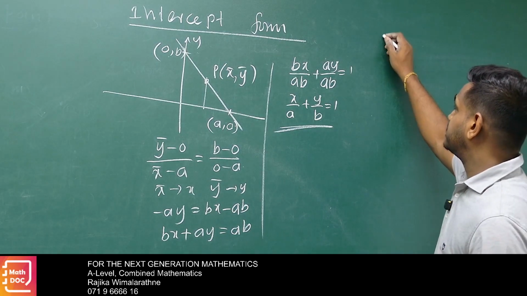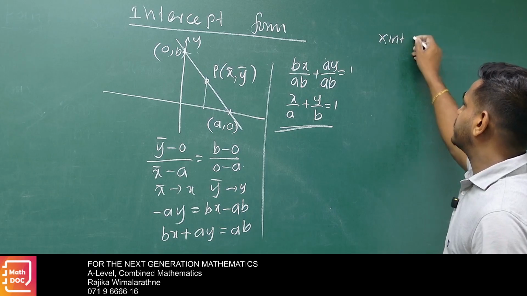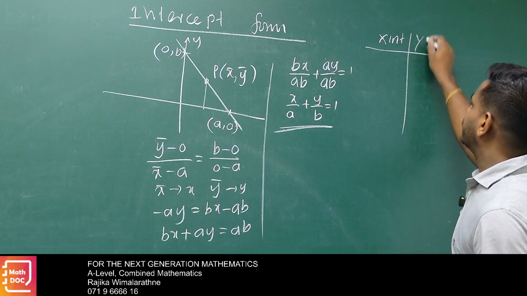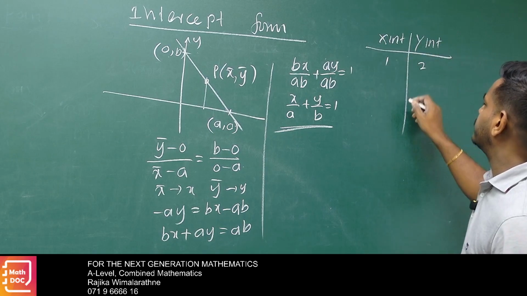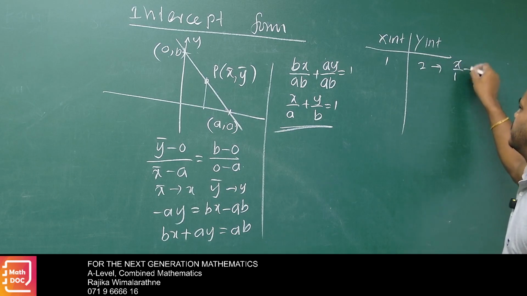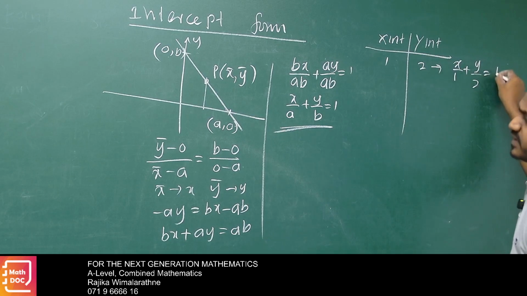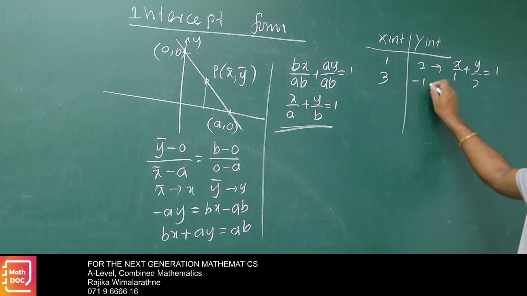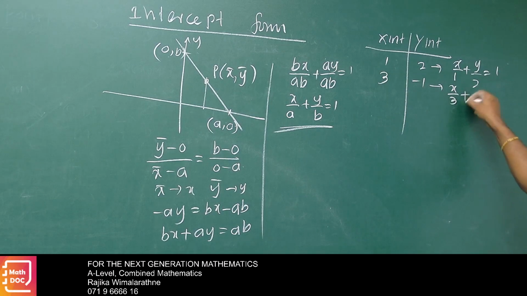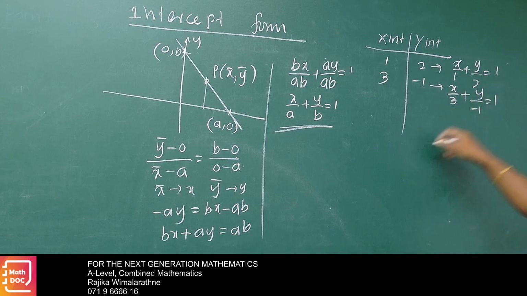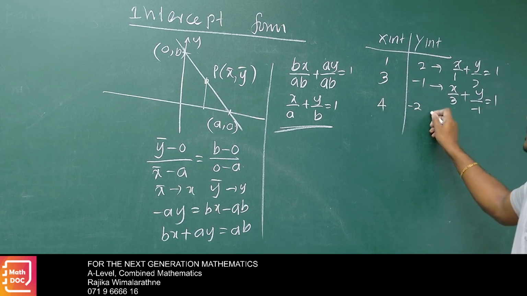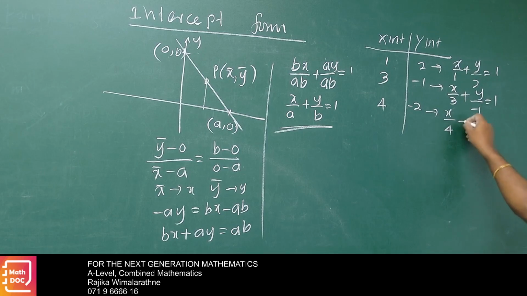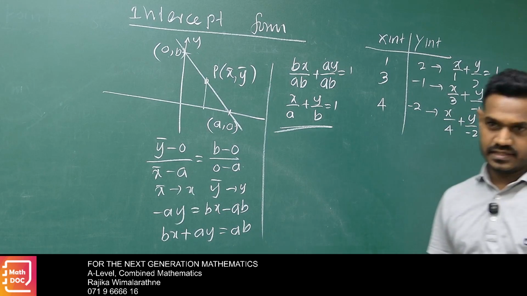So for example, x-intercept 1, y-intercept 2, you write x over 1 plus y over 2 equals 1. Likewise, you can directly write for 3 and minus 1: x over 3 plus y over minus 1 equals 1. For 4 and minus 2: x over 4 plus y over minus 2 equals 1. So on we can write.